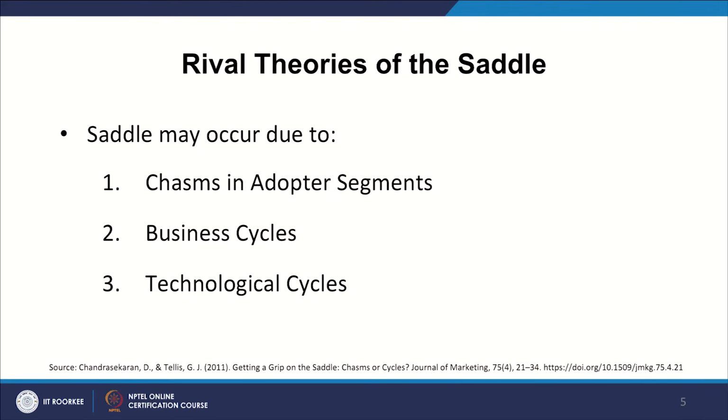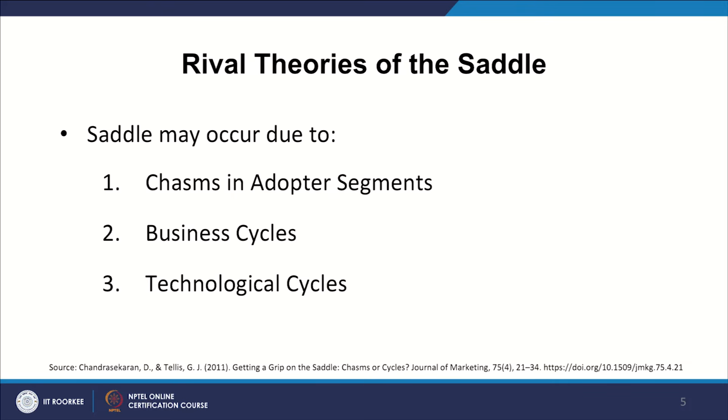Now, you see there are some rival theories of the saddle. As the authors mention, there are three elements: saddle may occur due to chasms in adopter segments, business cycles, and technological cycles. I would not be taking you into much deeper detail of every element.